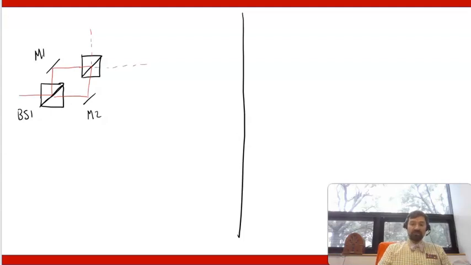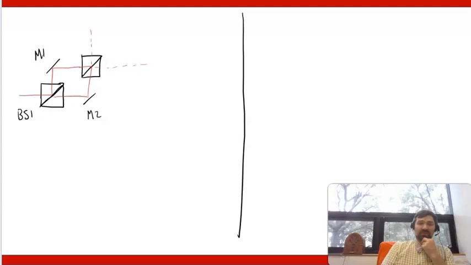And what determines which way it goes is basically how much phase does this have relative to this. When the phase difference is, say, 0, then all of it will go one way. When the phase difference is pi, all of it will go the other way, and any other number is partial. So how do we know which one is which?